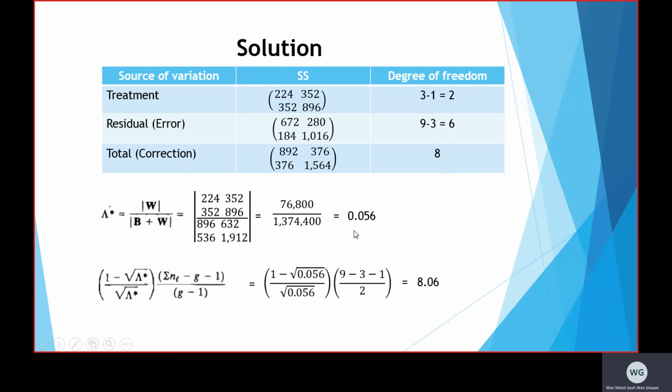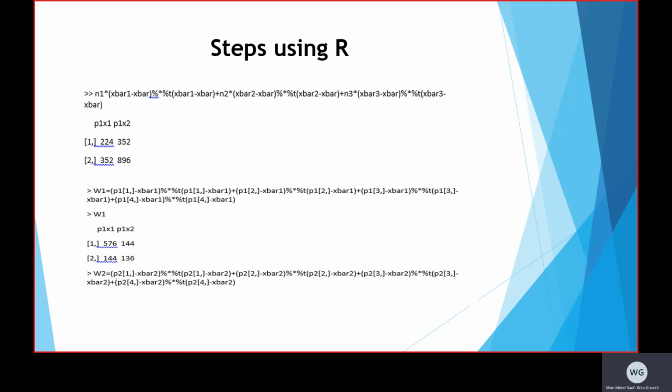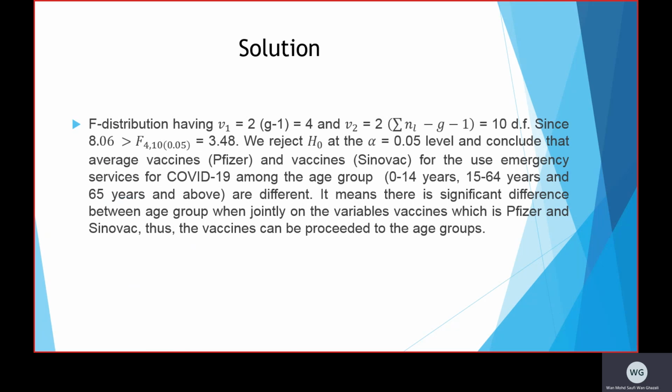The ratio is the determinant of W divided by the determinant of B plus W, and we got 0.056. We use this formula because N is a small size, and we got 8.06. We can also calculate by using R instead of doing it manually, and we also got the same answer.